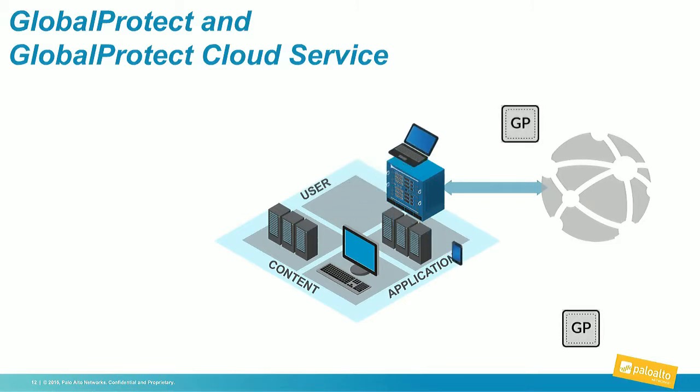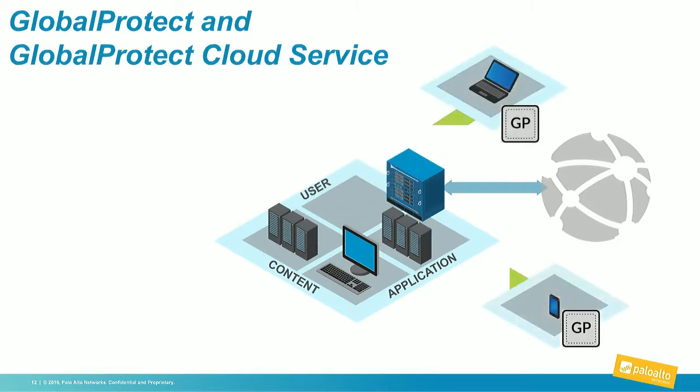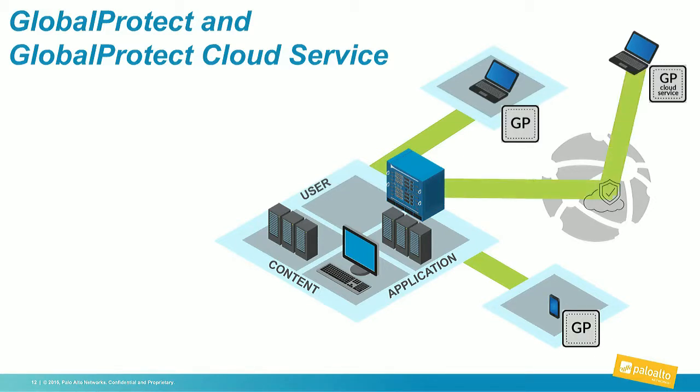But by using Global Protect, you can connect all of your managed endpoints and things that will come back through your network directly with that same kind of policy. And now we offer what's called Global Protect as a service. Global Protect as a service is where we've put our technology into a cloud, and it's a cloud-based service, and you connect through it, you manage the policy, but we maintain the technology.